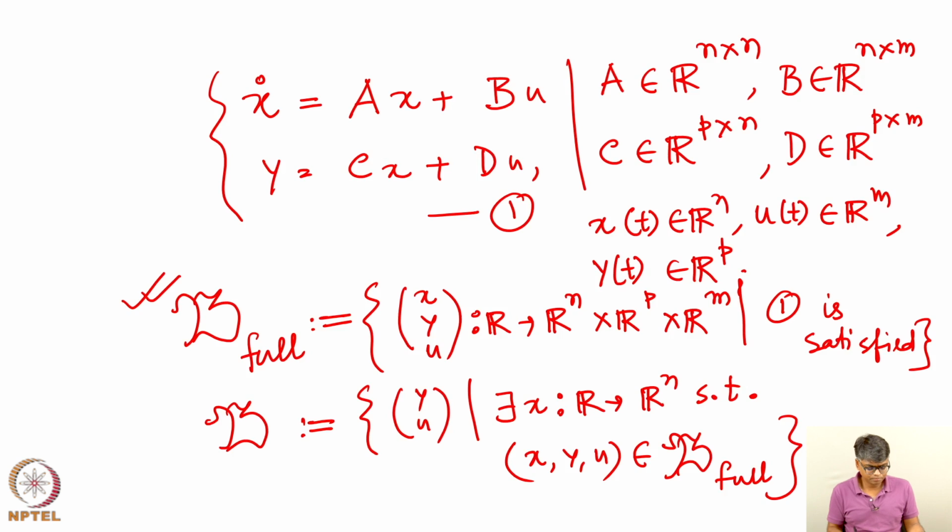Now you see, this begs the question: why this new description? It looks like the same thing in a fancy way. So then, what's the point really of writing it this way? You see, there are many benefits of writing equations in terms of behaviors.